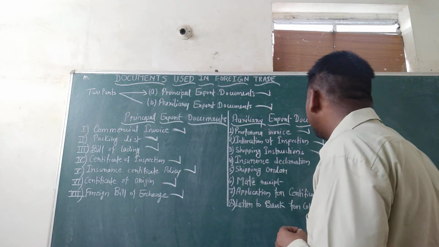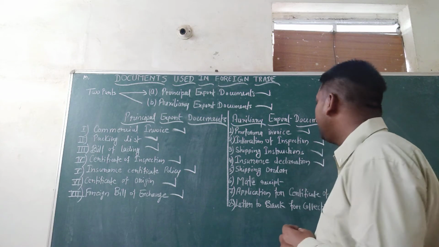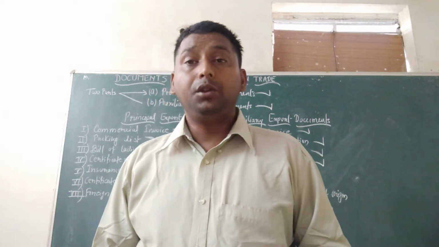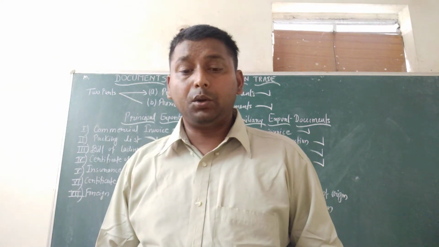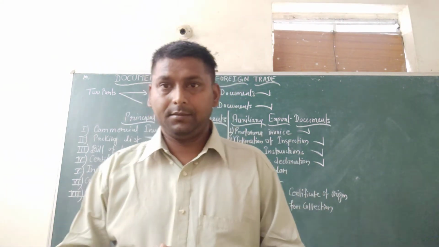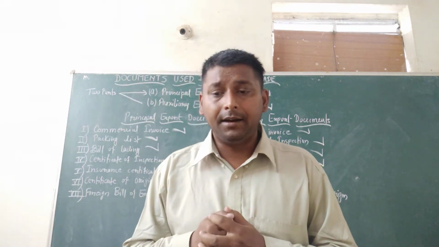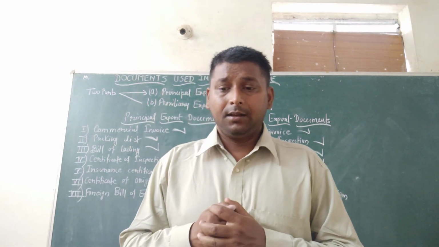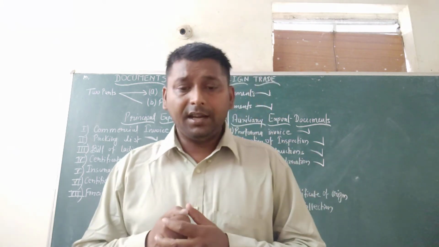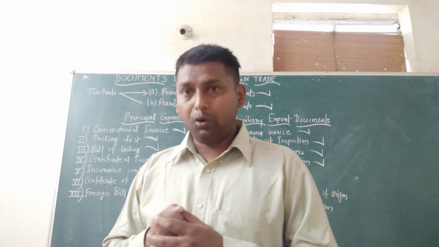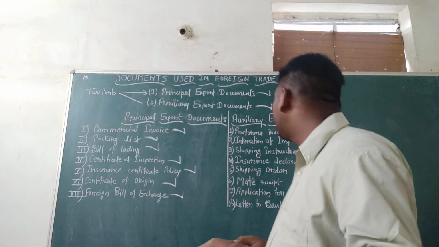The next point is insurance declaration. Again, if you are interested in sharing your risk, you should take insurance. The exporter who requires insurance makes a declaration relating to the insurance policy on this document.